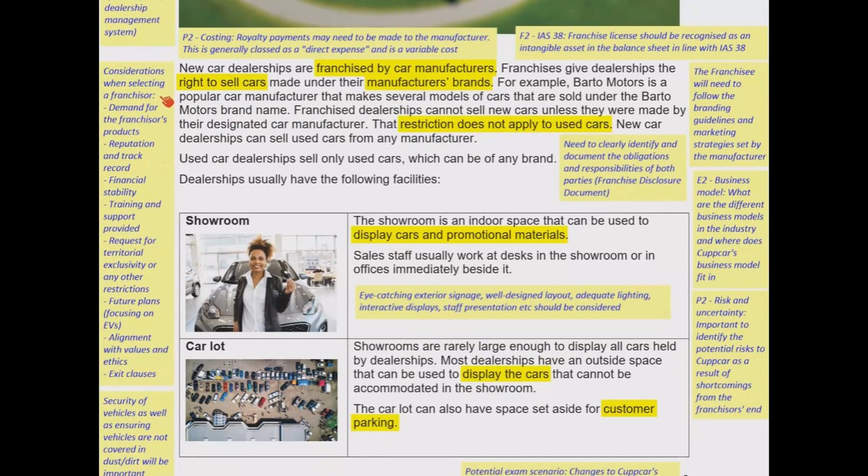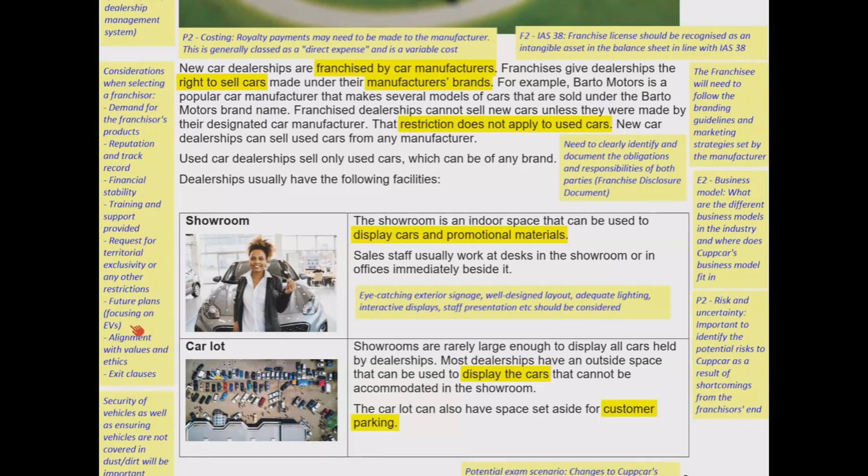Cuppcar doesn't want to do a deal with a manufacturer that then goes bust or that has reputational problems. So on the left here, we've thought about a variety of things to consider if, in the exam perhaps, they asked us a question about Cuppcar considering a franchise agreement with a different new car manufacturer. So lots of good points to consider here that you can have a look at.